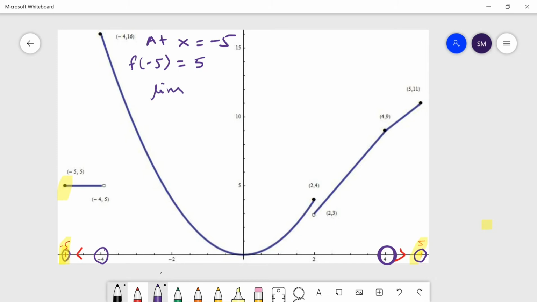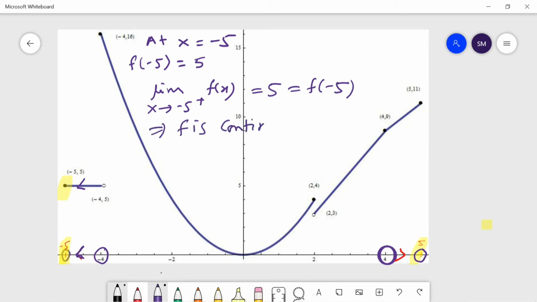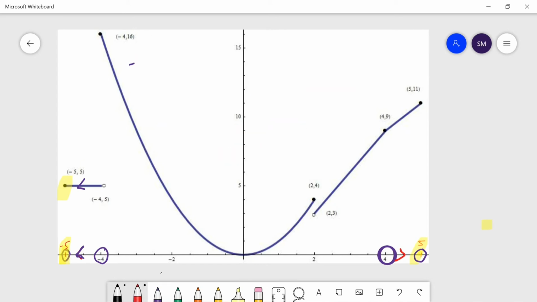So limit x tends to -5 plus f of x. Here the curve is like this, so this is also going to 5, which is equal to f of -5. This implies f is continuous.